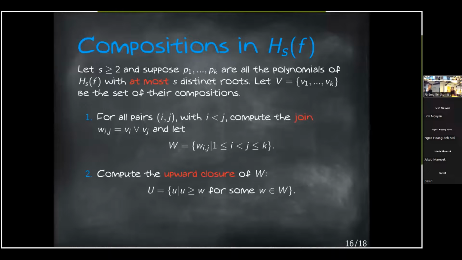You take the set of compositions where each is greater than at least one composition from W. And then the set V union U is the set of all compositions that occur. If you start off with polynomials with at most S distinct roots, you can determine which faces are empty or not by this algorithm, essentially.